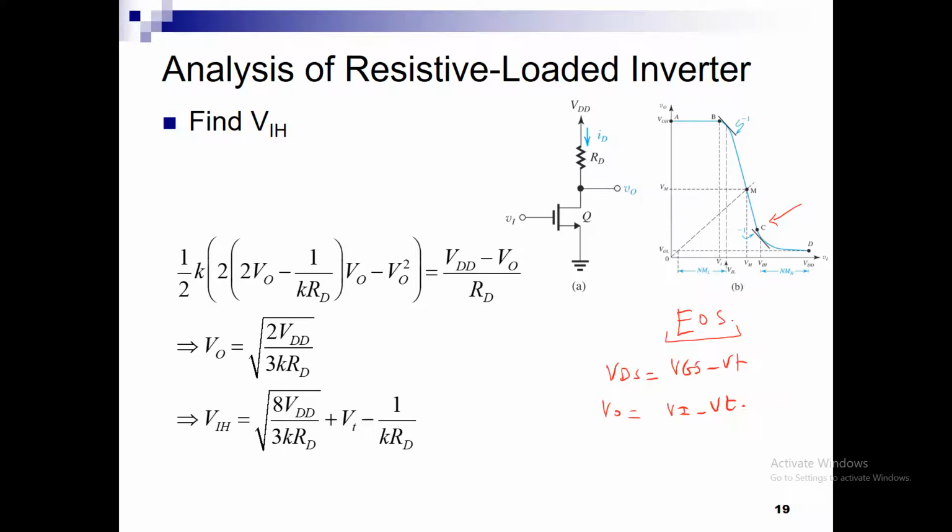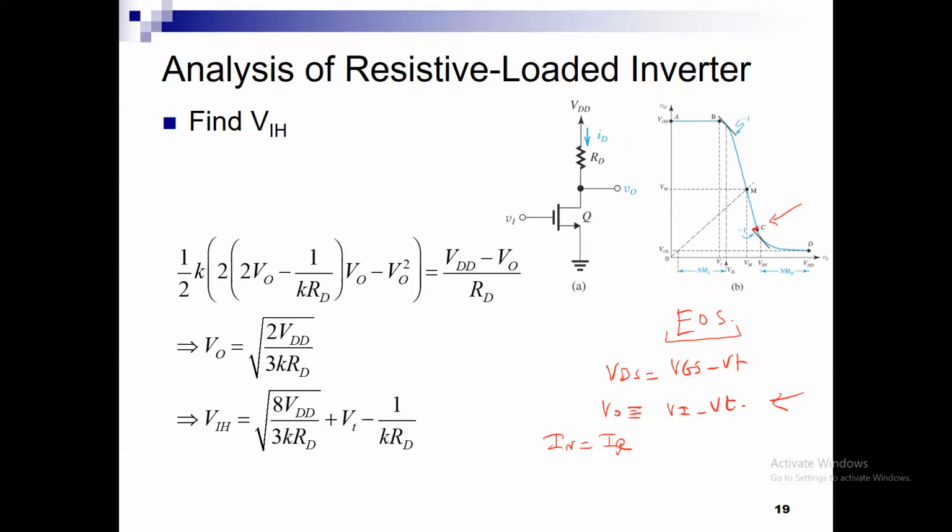Okay, and since it is at the edge of saturation, I can solve for it by setting In equal to IR and taking this into consideration, that the Vout is equal to Vn minus Vt. I will end up having one equation, and I can solve for the output voltage at the edge of saturation.